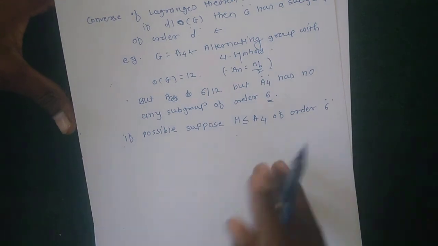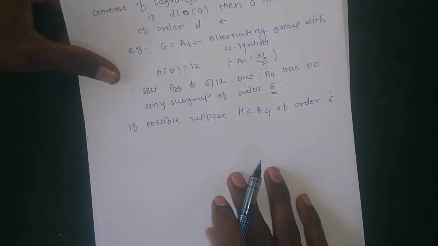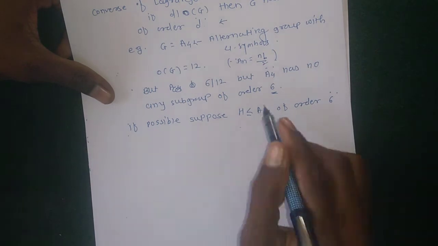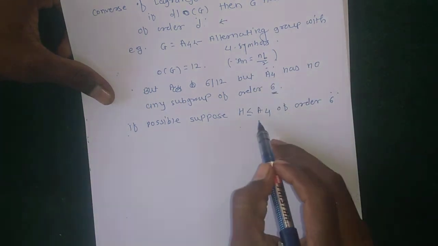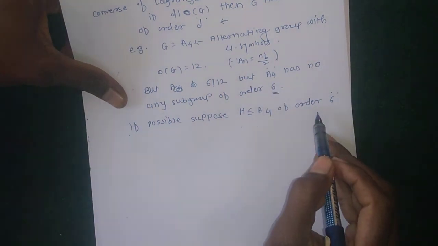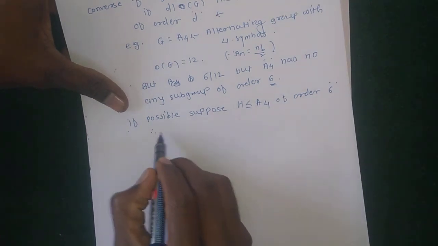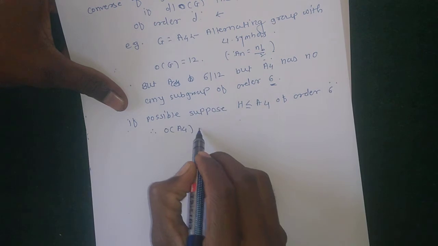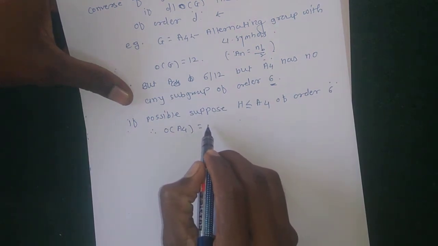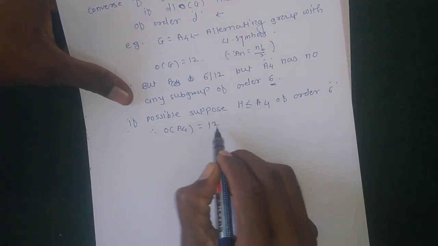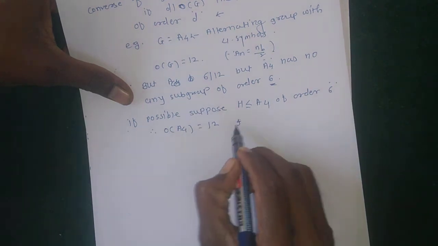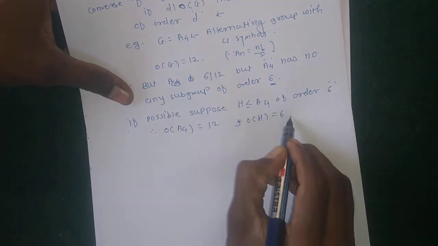To show this is a contradiction, suppose A4 contains a subgroup H which has order 6. Therefore, the order of A4 is 12 and the order of H is 6.